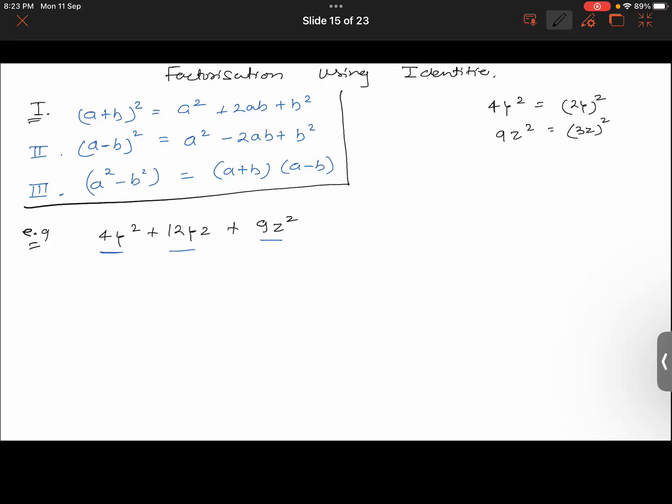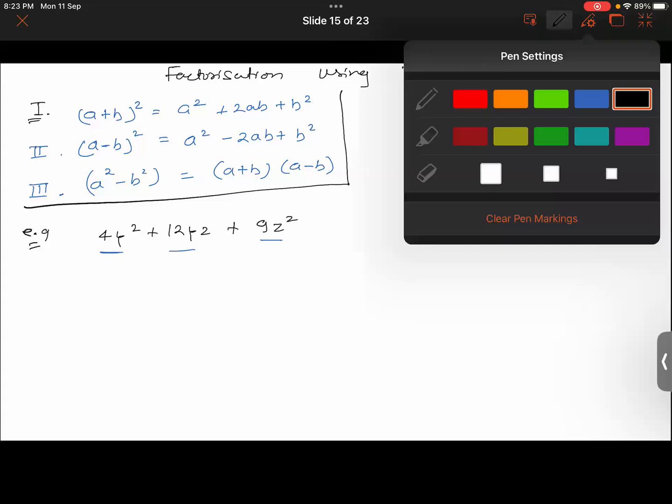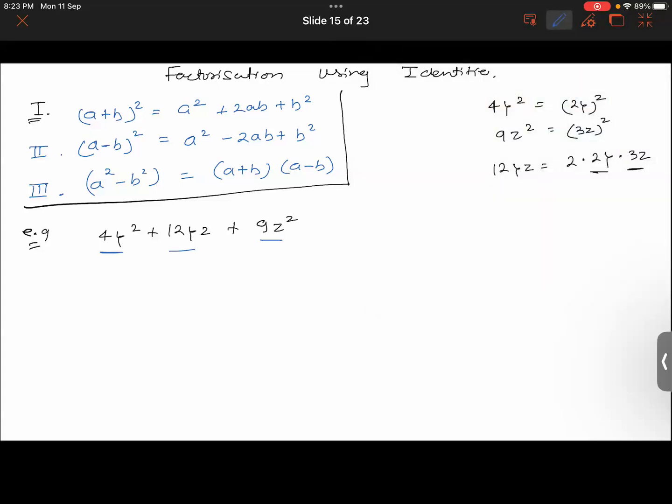Yes, it's the square of 3z. And isn't 12yz actually equal to 4 into 2 into 2y into 3z? So it is related to which of the identities? Which of the identities can be used to solve this one?